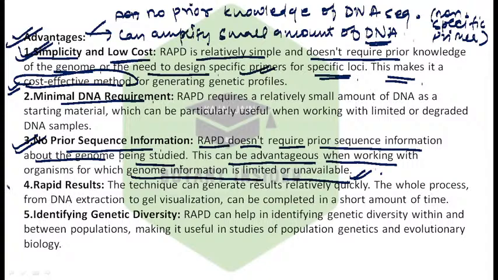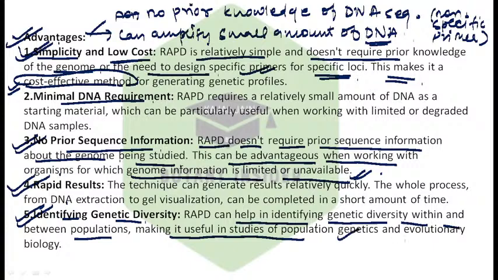Okay, and it also gives rapid results and it also identifies genetic diversity. It can help in identifying genetic diversity within or between populations, making it useful in the study of population genetics and evolutionary biology. I hope RAPD is clear to you all so far.